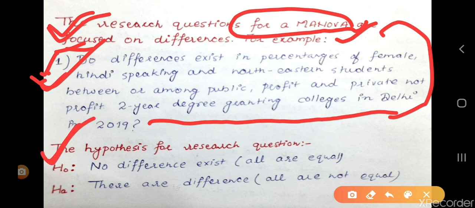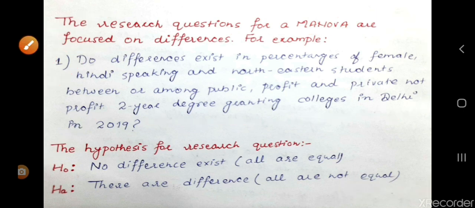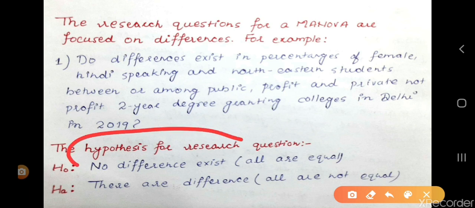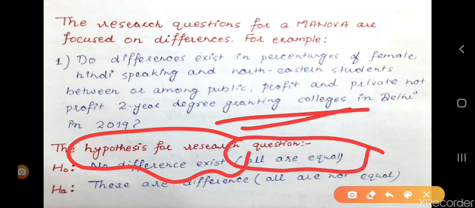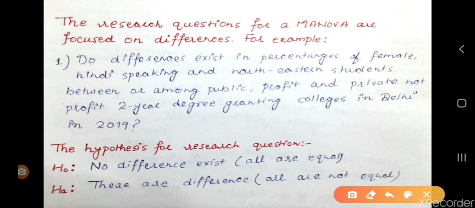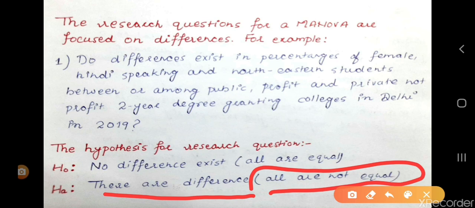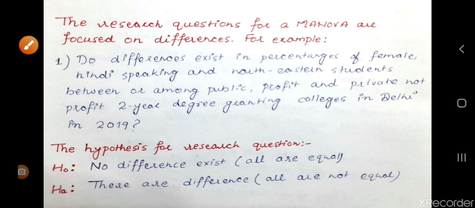The null hypothesis will be that there is no difference between the percentage of female, Hindi speaking and northeastern students between or among these college degrees, meaning all are equal. An alternate hypothesis will be that there are differences, meaning all are not equal. This is how we will form the alternate hypothesis.